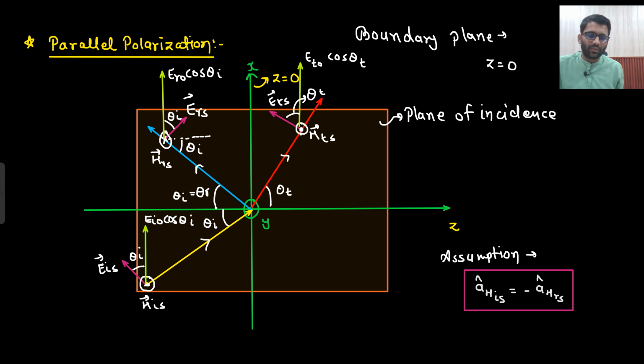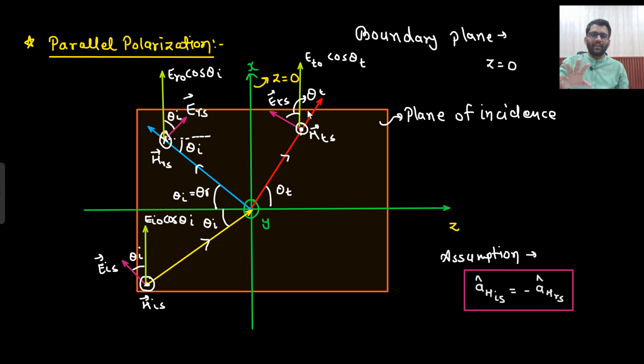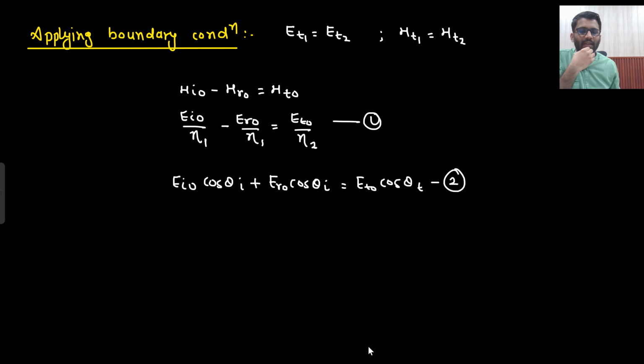EIO, ERO and ETO are all in the same direction. So EIO cos theta I plus ERO cos theta I is equal to ETO cos theta T. You can see it clearly, right? All are in the same direction.